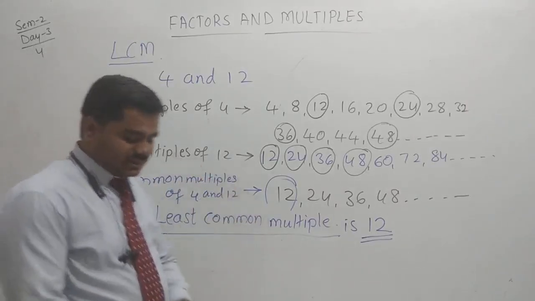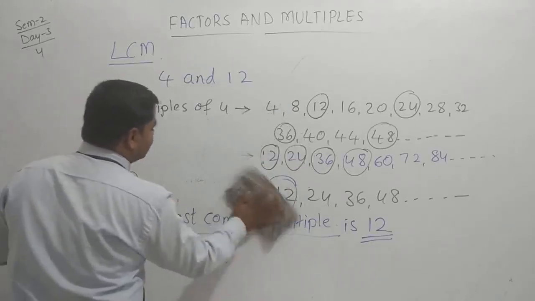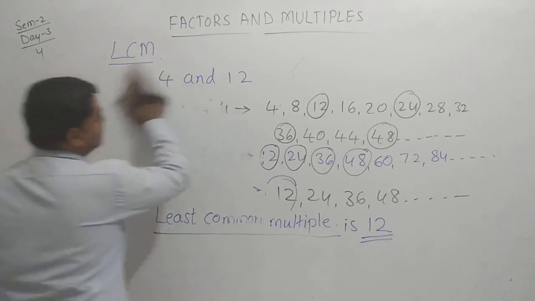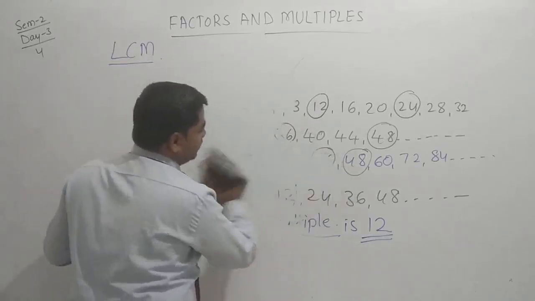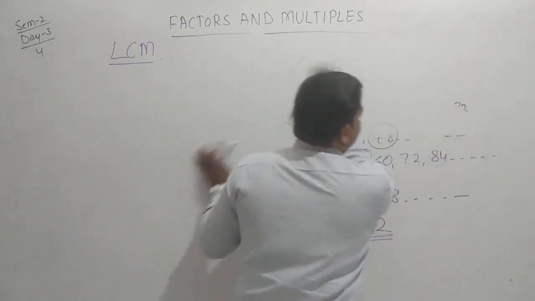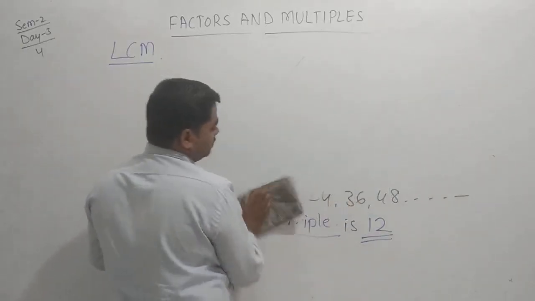How to find it? Clear? Just like how you found the HCF, the highest common factor or greatest common divisor, first you have to find some multiples of both numbers, or of three or more.